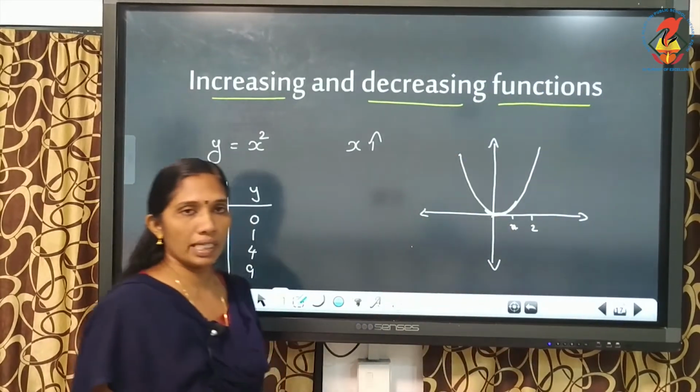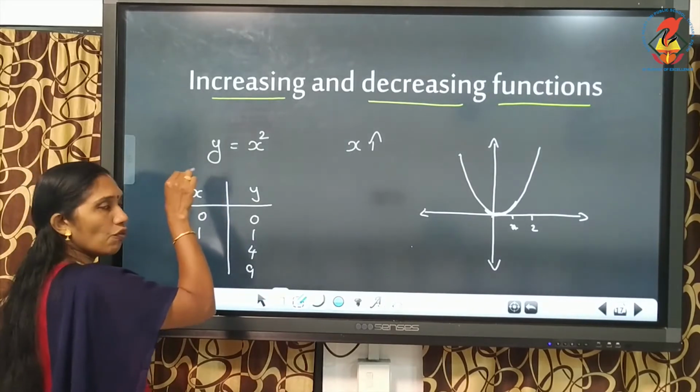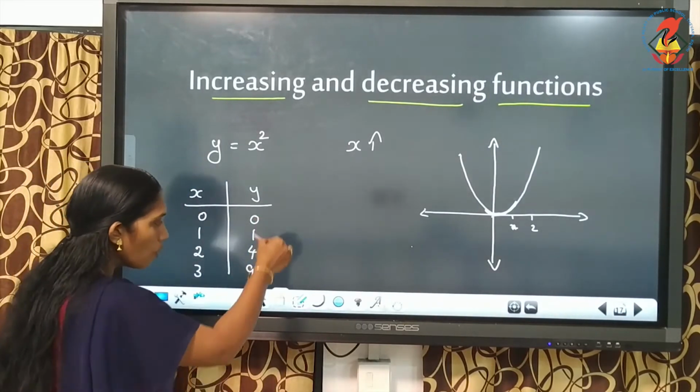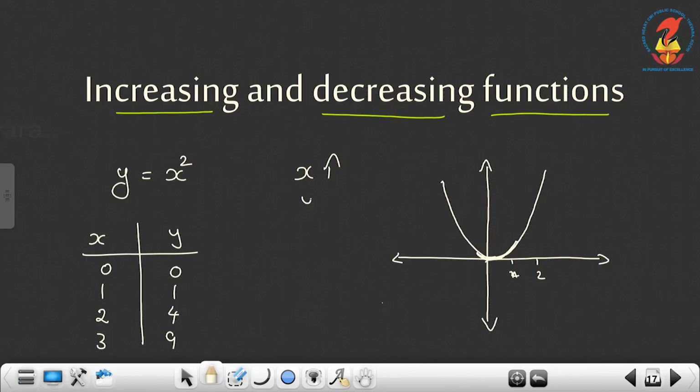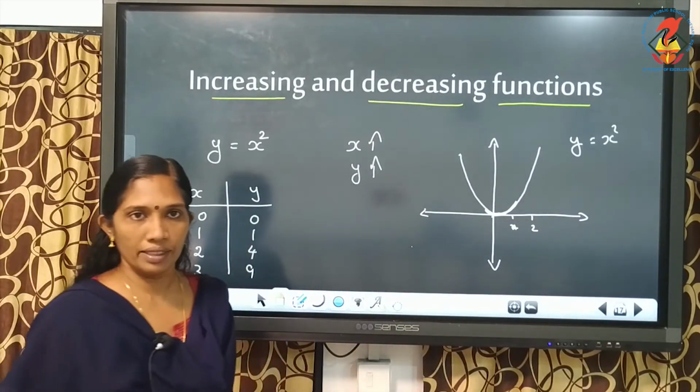Then what is the value of the function, that is, what is the value of y? Y is also increasing. X is increasing, at the same time y is also increasing. So, we can say that the function y is equal to x square is increasing in the right hand side.